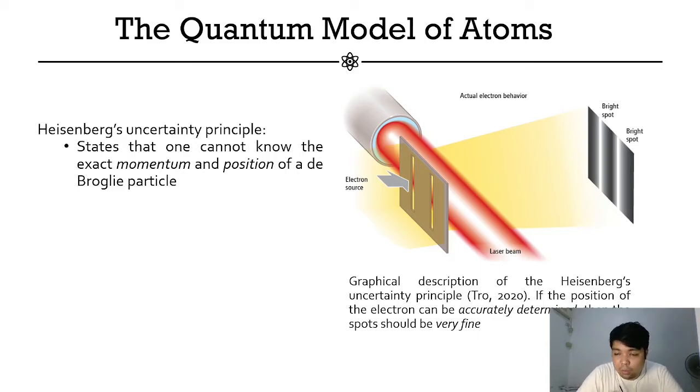To show how Heisenberg's uncertainty principle works, we have this experiment here on the right.